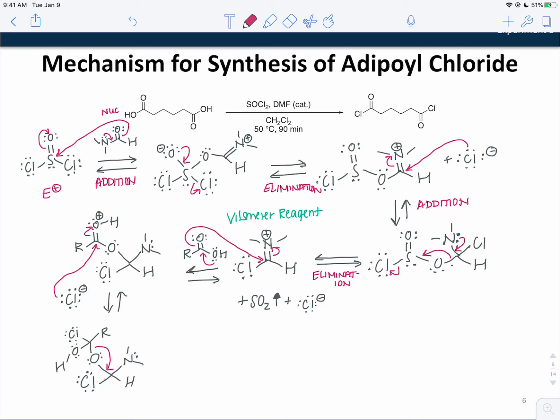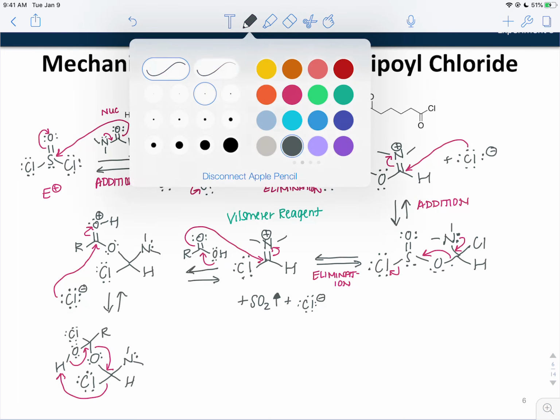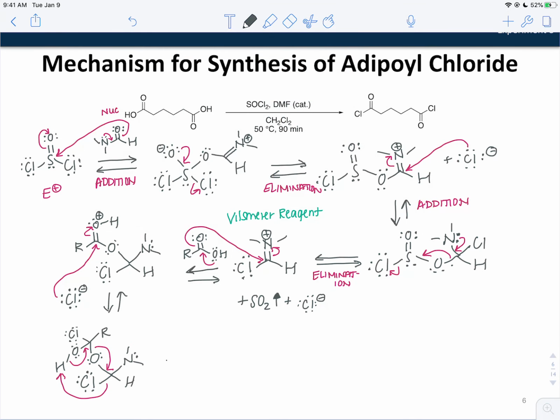And so the carbon-chlorine bond is going to break, and the electrons that are in that bond are actually going to be used to remove this proton here. Now we've got to break a bond, and so the bond that's going to break is the hydrogen-oxygen bond. That's our only option, and that's going to reform our carbonyl.